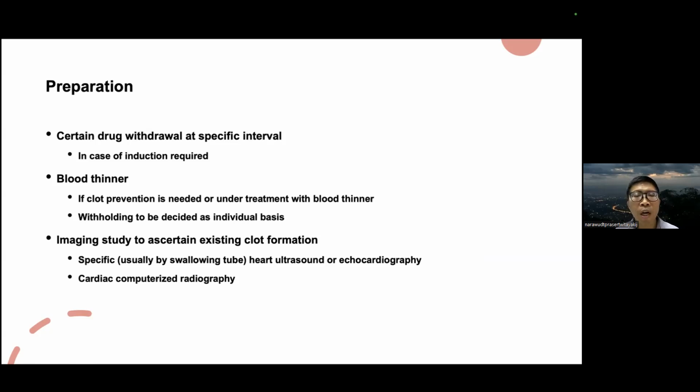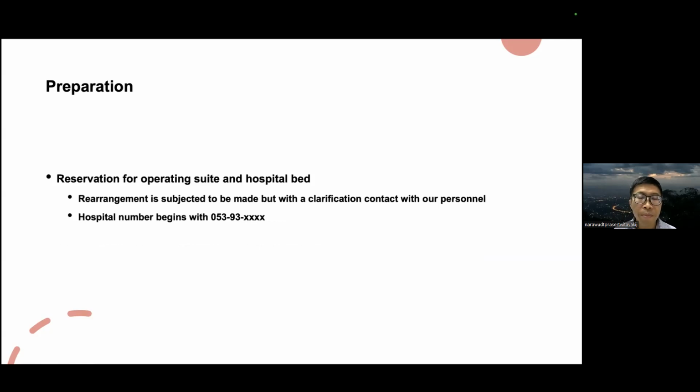Those clot assessments can be made commonly through a swallowing tube ultrasound, or sometimes we may need cardiac computerized tomography to visualize the clot, made on an individual basis before the procedure. So we need a reservation of the operating suite and hospital bed. Rearrangement is subject to be made with clarification contact from our personnel.